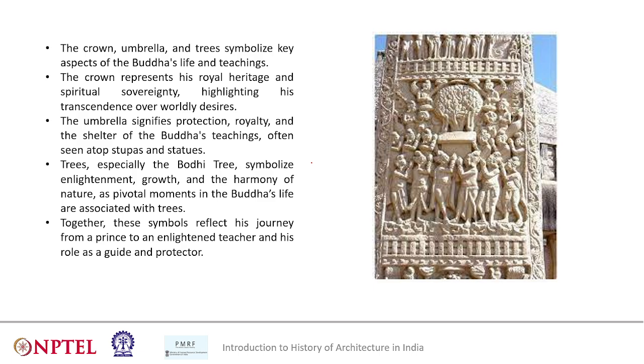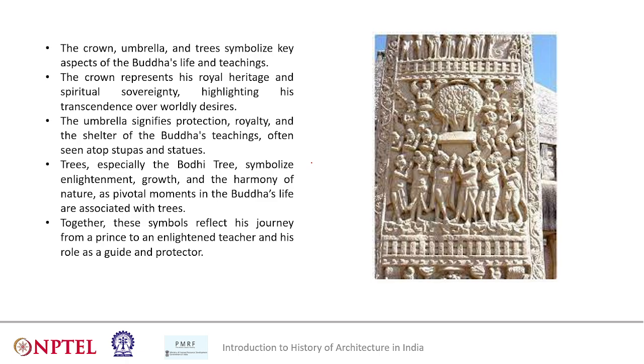is representing Buddha. This is mostly because when we talk about the umbrella, what is the use of an umbrella? An umbrella is used for protection. So this umbrella signified some kind of protection. It signified royalty. If you all know about the life of Buddha, he came from a very royal family.